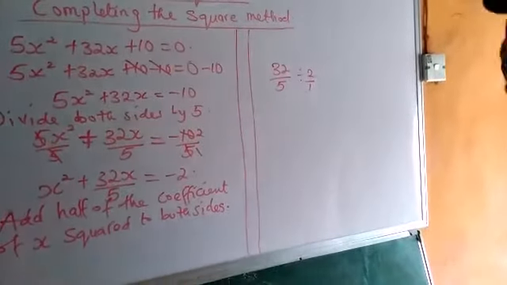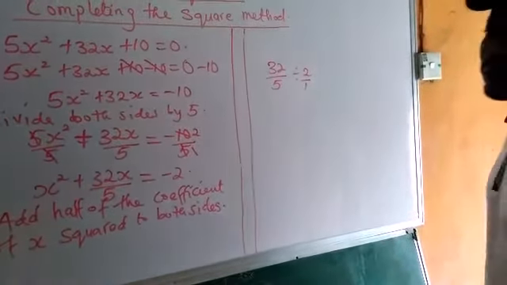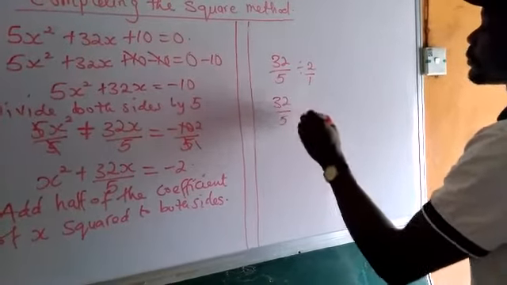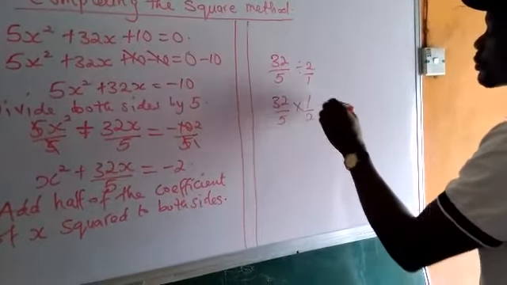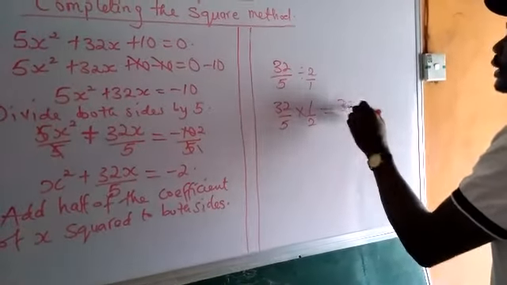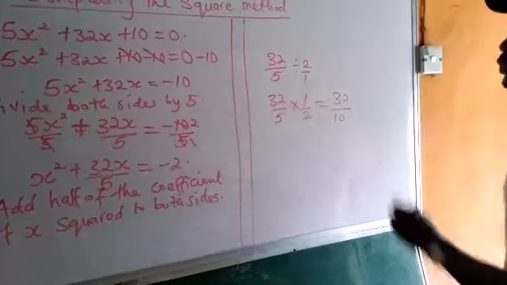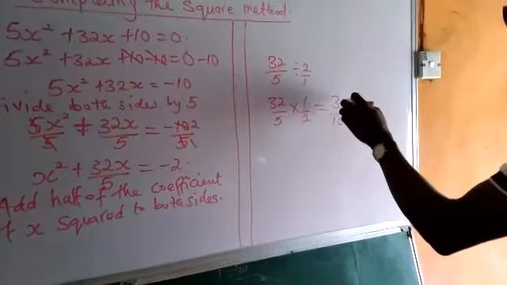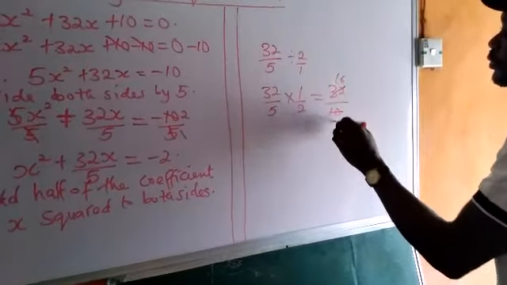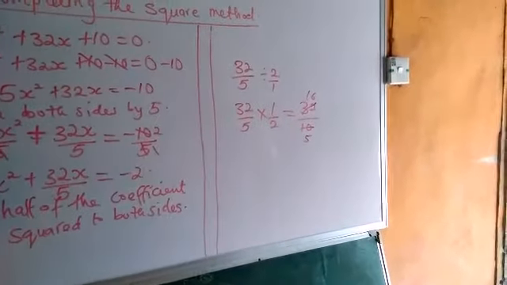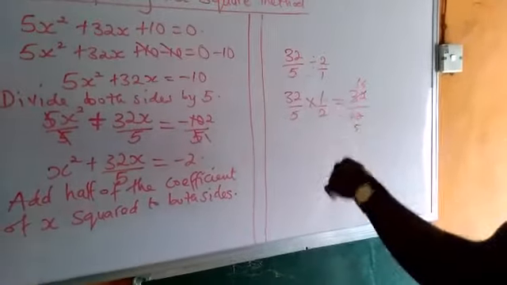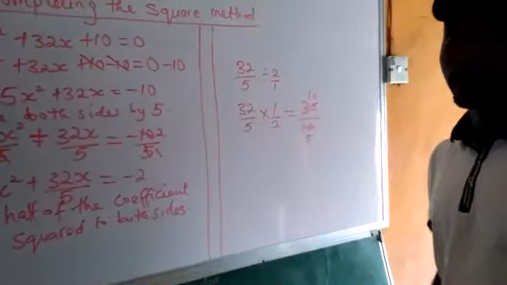Using simple multiplication, it will be 32 over 5 times 1 over 2, which gives us 32 over 10. We can further divide by 2: 16 over 5.